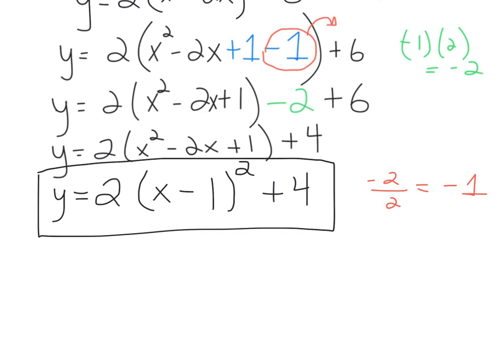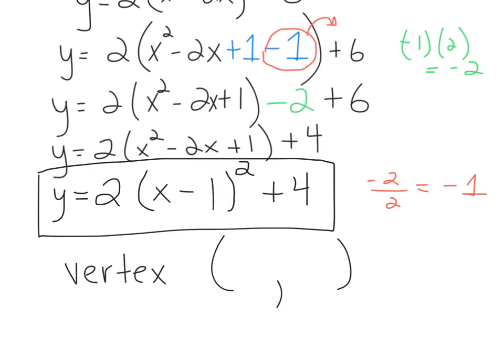So if we wanted to identify what the vertex actually is, remember it is a coordinate point. The first value, the x value of your vertex, that comes from the h value in your vertex form equation. So it reads as -1.